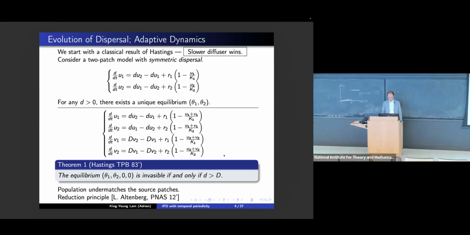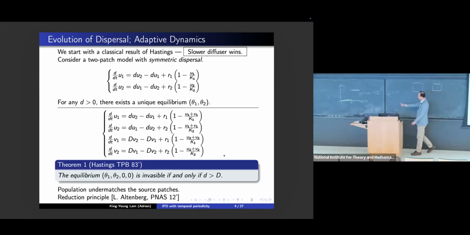That was the question. To make things clear, I will stick with the two-patch setting, but in the original paper, it's already studied in reaction diffusion equations and multi-patch settings. So in the two-patch setting, imagine there are two patches, and for a single population, we call the population density in patch i to be u_i.